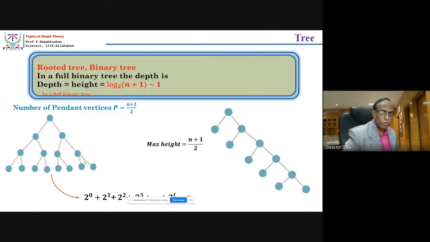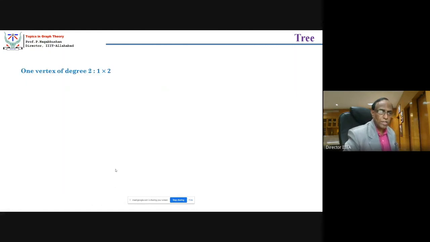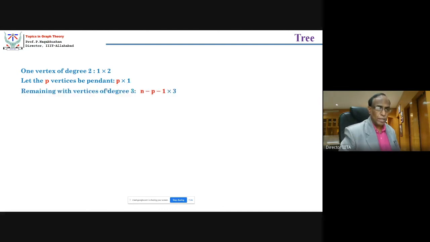So I use this knowledge and write down the equation. There is only one vertex of degree 2, so the total degree contributed by that is 1 into 2. And let there be p pendant vertices, each of degree 1, so p into 1. And the remaining vertices, n minus p minus 1, are of degree 3. So this is degree 2, this is p into 1, this is (n minus p minus 1) into 3.